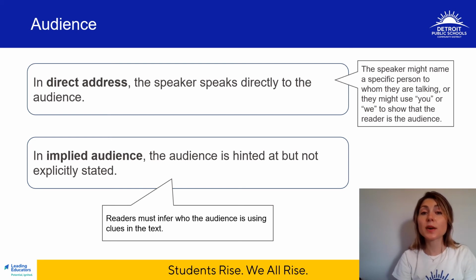A speaker may also address an implied audience, or an audience that is hinted at but not explicitly revealed. If a poem has an implied audience, readers need to use clues to determine who the speaker is addressing.